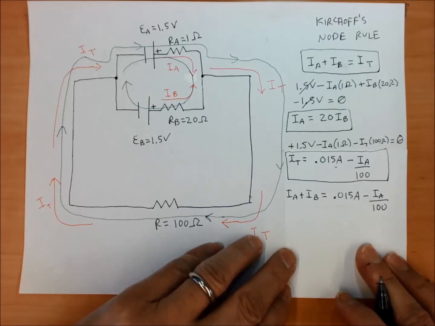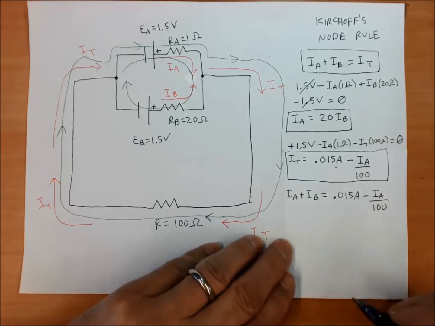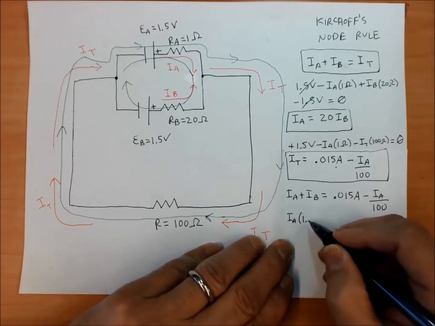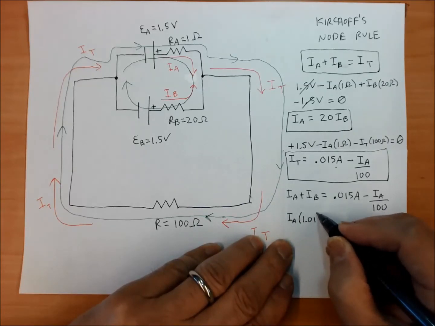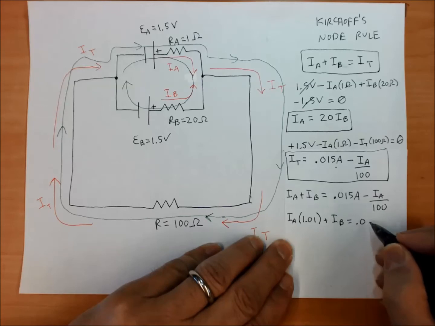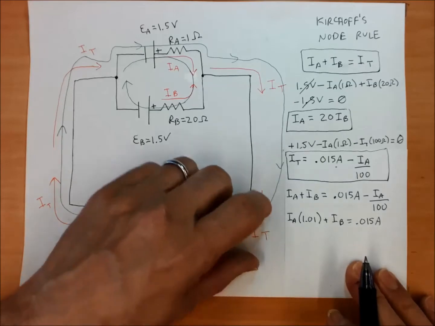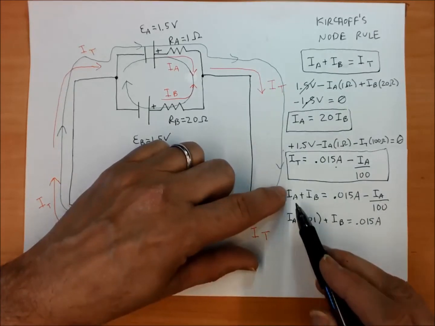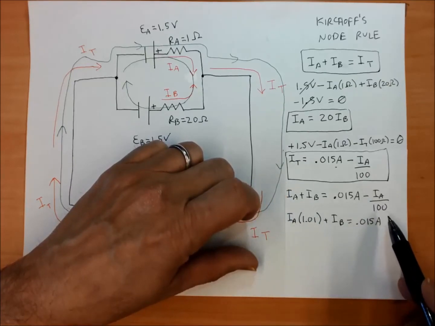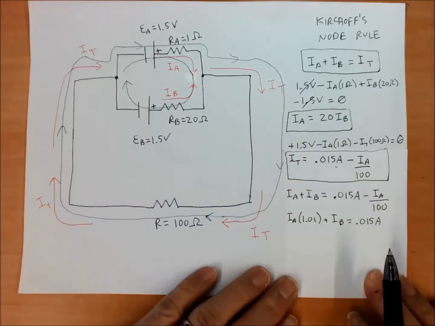When I do that, I get I sub A times 1.01 plus I sub B is equal to 0.015 amps. Where this comes from is I'm just moving this over to the other side and factoring out the I sub A, so that'll be I sub A times 1 plus 1 over 100, which is 1.01. Add that to I sub B, and that's equal to 0.015 amps.